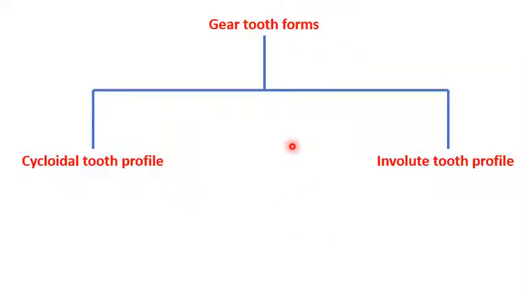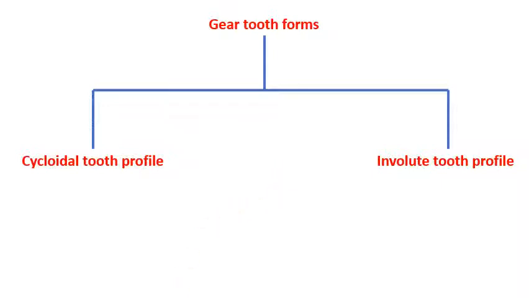Next, gear tooth forms. Basically, there are two important types of gear tooth profiles: one is the cycloidal tooth profile, another one is the involute tooth profile.